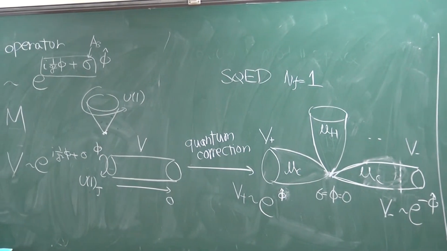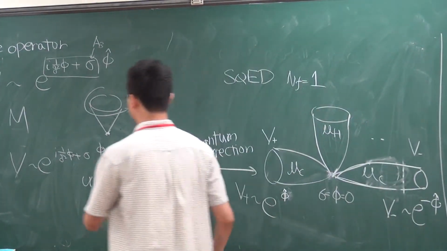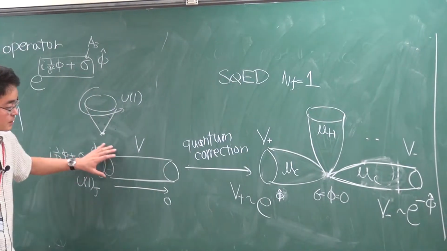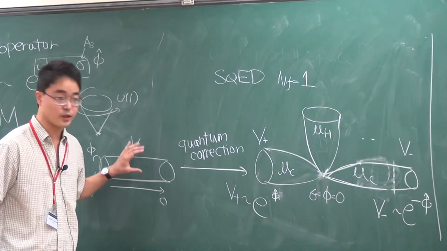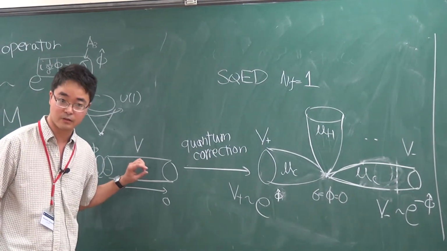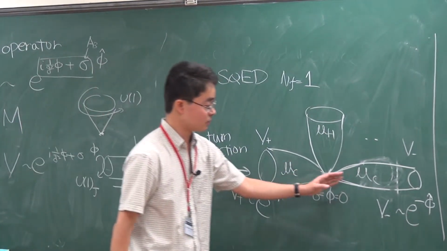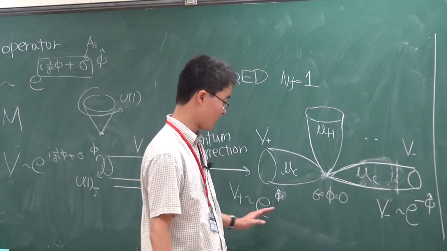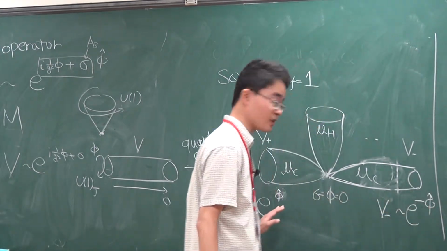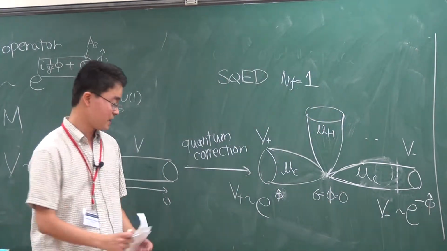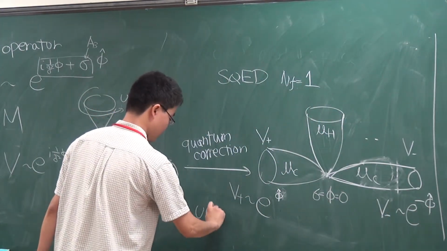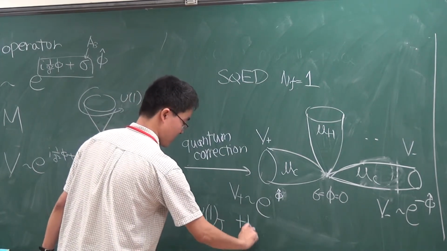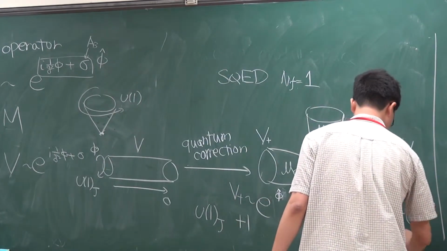So originally you have just this, and that parameterizes everything. But there are quantum corrections which pinch off, and correspondingly, that's split into two parameters for different branches, and the sign in front is different. In particular, that means, for example, under the U1J, these have charge plus 1, but these have charge minus 1.